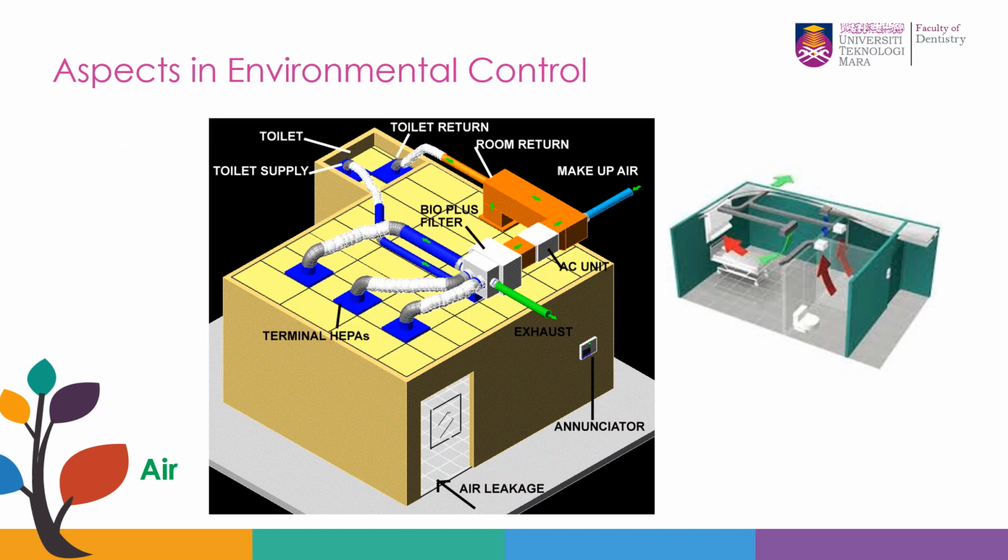Looking at this diagram, just to show you how the rooms are prepared for such control. This is definitely for any airborne suspected patients or any positive airborne patients, what we call a negative pressure air room. So when we do a treatment inside this room, the air is filtered and returned to the open air.